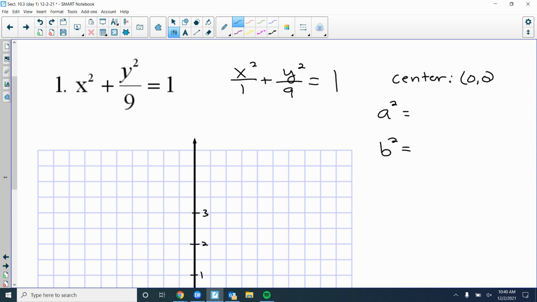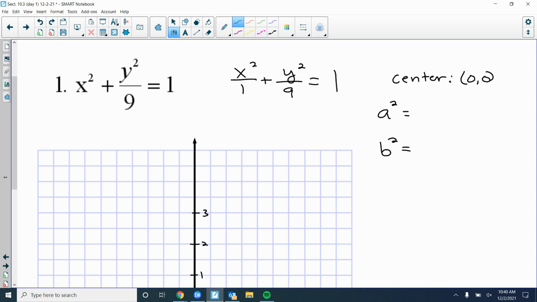Now, what's a squared equal? Make sure we understand that from up above. Adam, what's a squared equal? 1. No. A squared is always the bigger one, so a squared is 9.